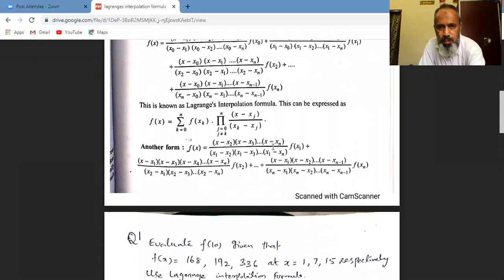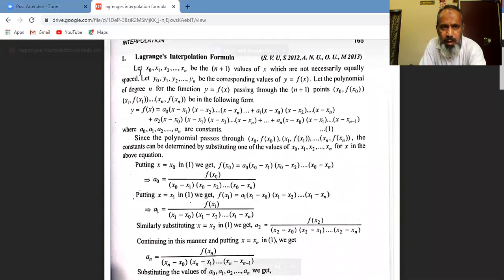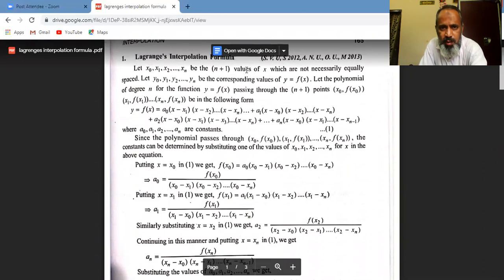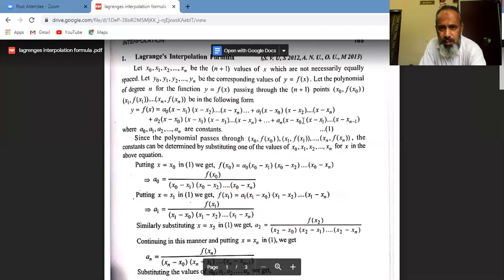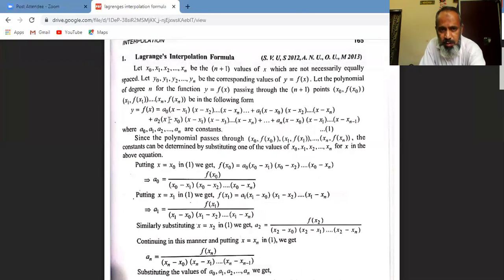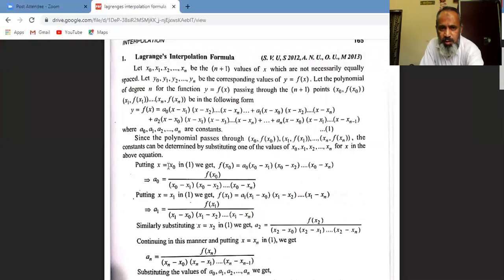So once again, what is our Lagrange's interpolating polynomial? If the x values x0, x1, x2, ..., xn, n plus 1 points, are given, and the corresponding values are y0, y1, y2, y3, ..., yn, then for these n plus 1 points, we have to write the formula y is equal to f of x is equal to a0, x minus x1, x minus x2, etc. So this is the equation or the polynomial where a0, a1, a2, a3, ..., an are the constants to be determined, so that if we substitute x is equal to x0, we get the value of a0.